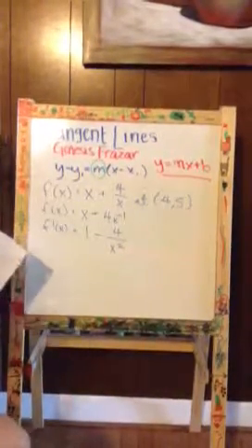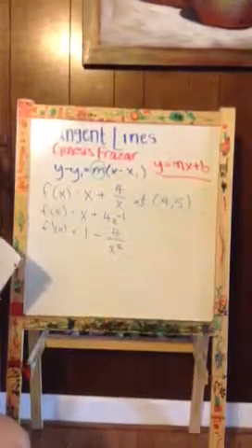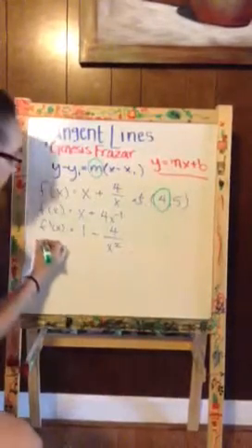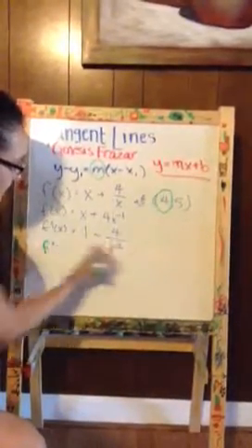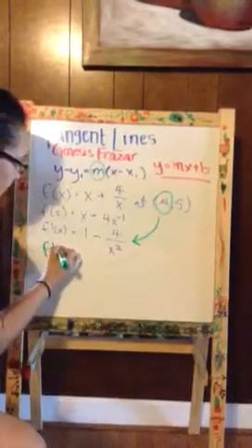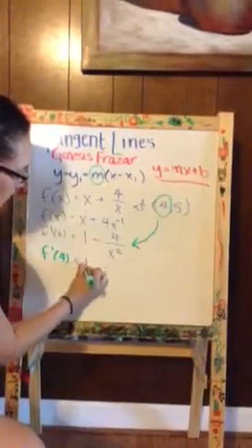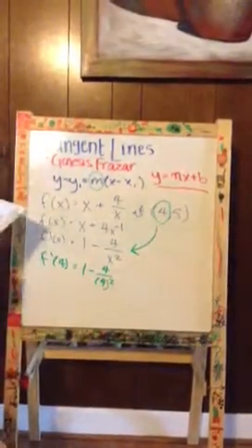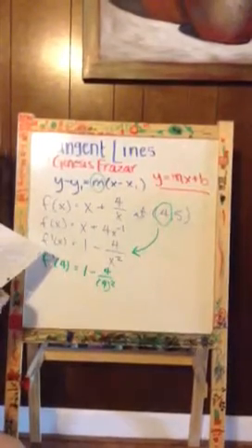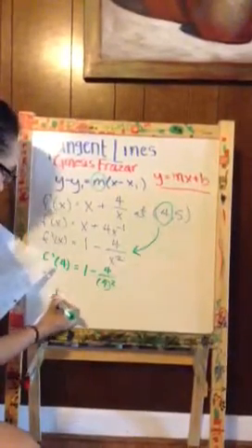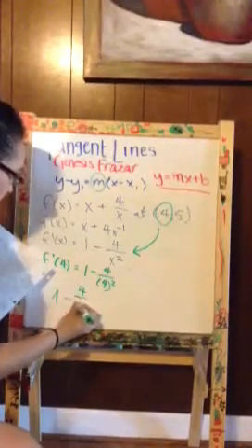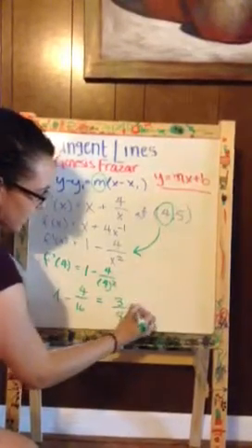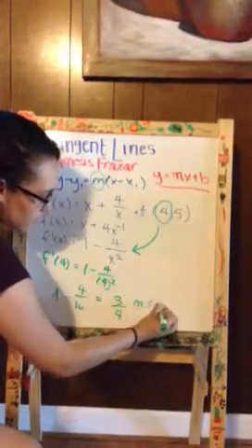And then from here, you will plug in your x, as done in the previous problems, which is 4 in this case, and you plug it in the first derivative right here. f prime of 4 equals 1 minus 4 over 4 squared, which will give you 1 minus 4 over 16, which will give you 3 over 4 as your m, also known as your slope.